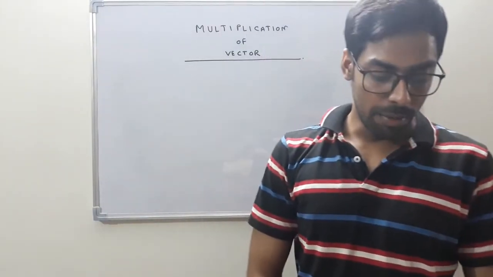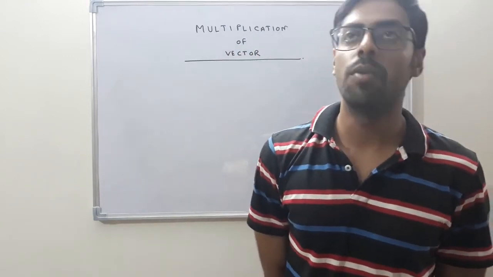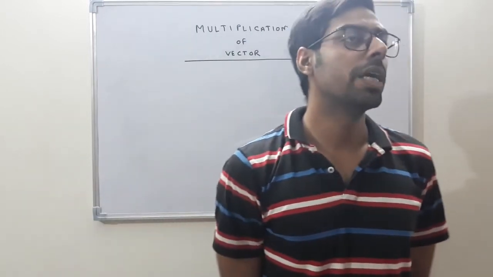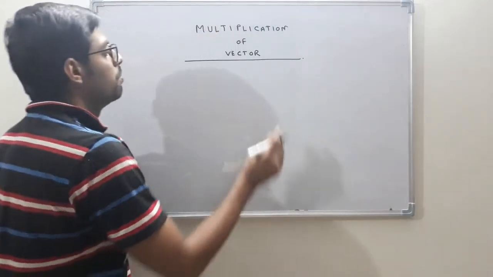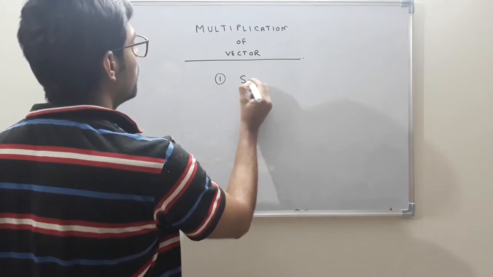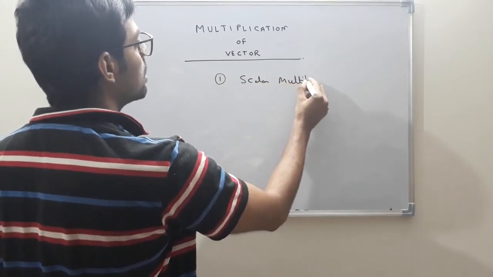So in case of vectors, I have discussed the addition of two vectors and the subtraction of two vectors, and now we will discuss the multiplication of vector quantities. Multiplication of vectors can be of many types. First of all, the simple case is number one, scalar multiplication.